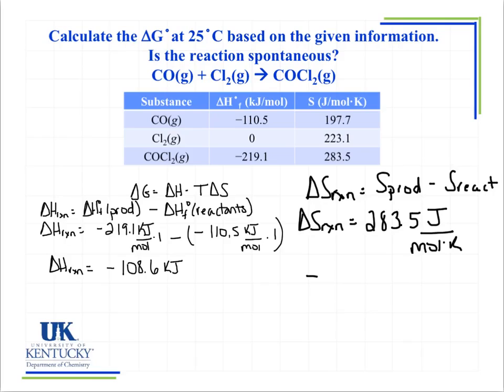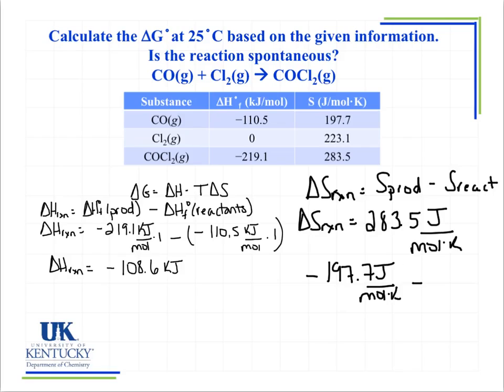And I'm going to subtract from that the entropy of both of my reactants, so the entropy of CO, which is 197.7 joules per mole Kelvin, minus the Cl2. Entropies of pure substances or elements in their standard state are not 0, unlike the delta H values.